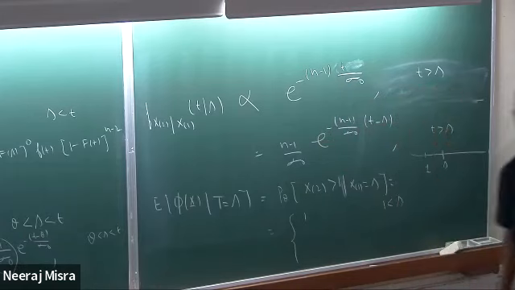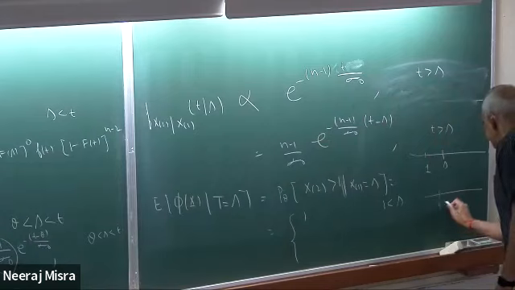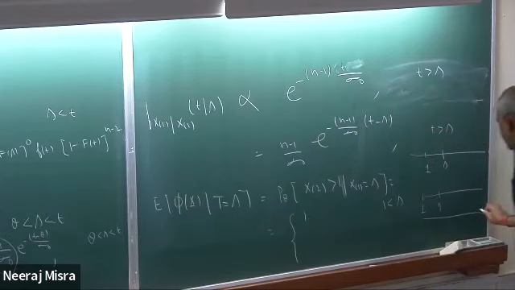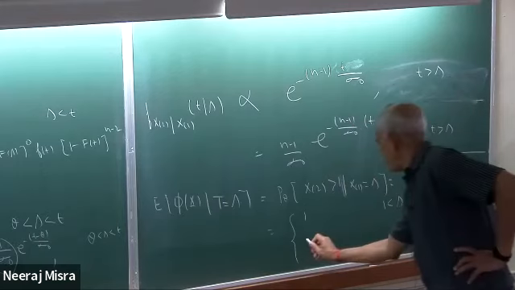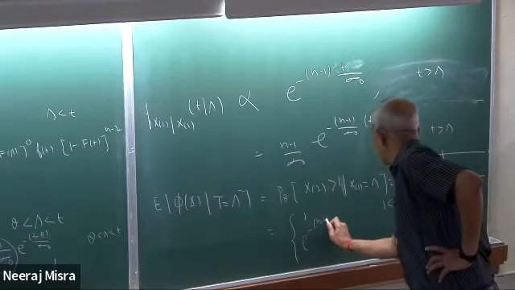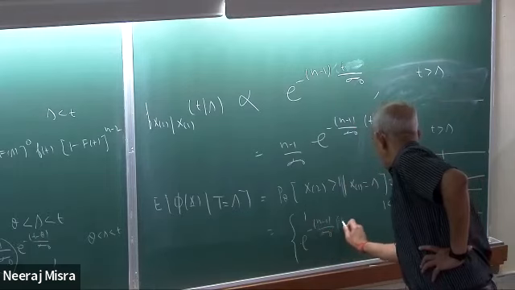Is that okay? And if s is bigger than 1, then I know that the range is this. If 1 is bigger than s, the range is over here, and you're talking about the probability that x2 is bigger than 1. So that means you have to integrate from 1 to infinity. And if you integrate this from 1 to infinity, what do you get? e to the power minus (n minus 1) by sigma naught into (1 minus s).